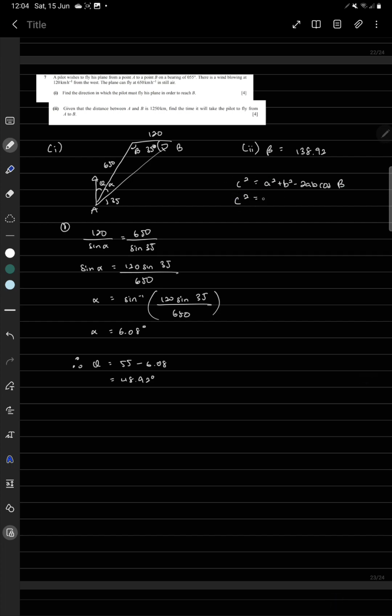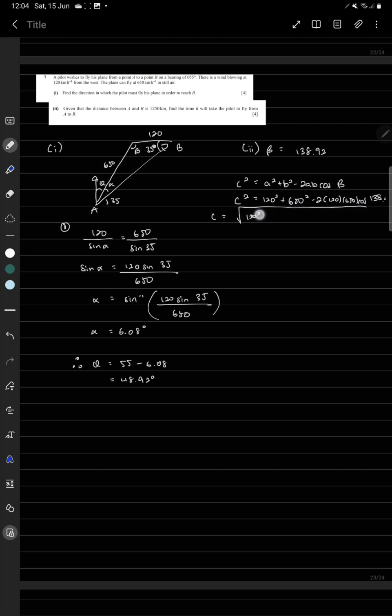Our a is 120 squared plus our b is 650 squared minus 2 times 120 times 650 cos, sorry, not sine, cos 138.92. Yep, you don't have enough space, so I'm going to push this back a bit. So c equals the square root of the whole thing.